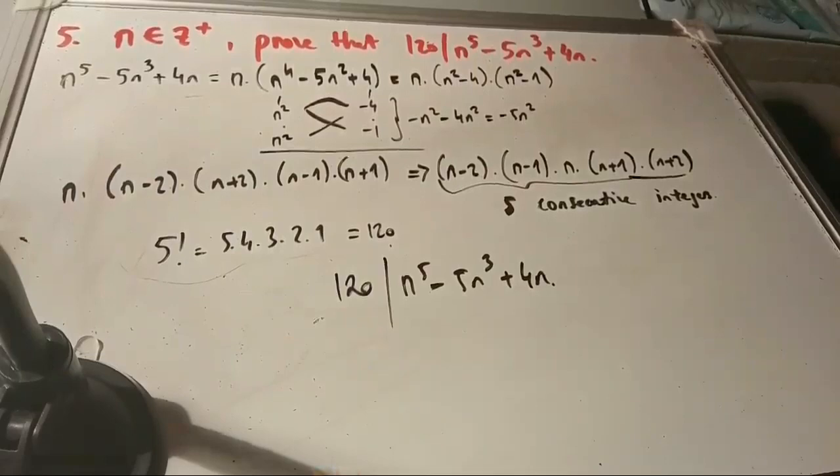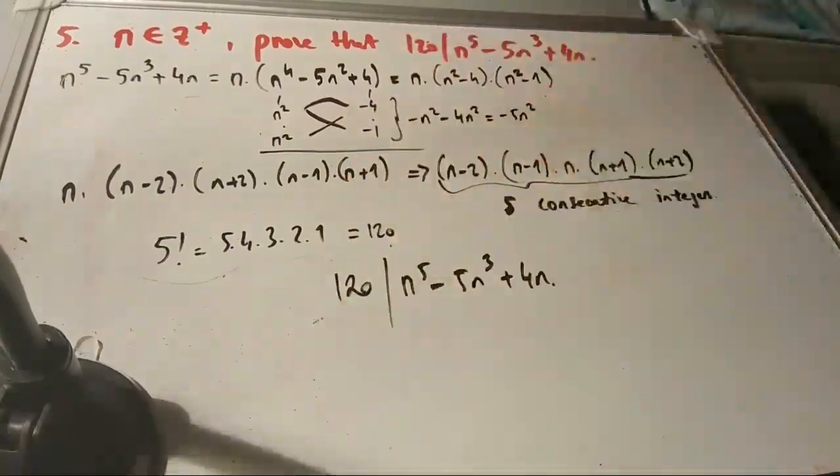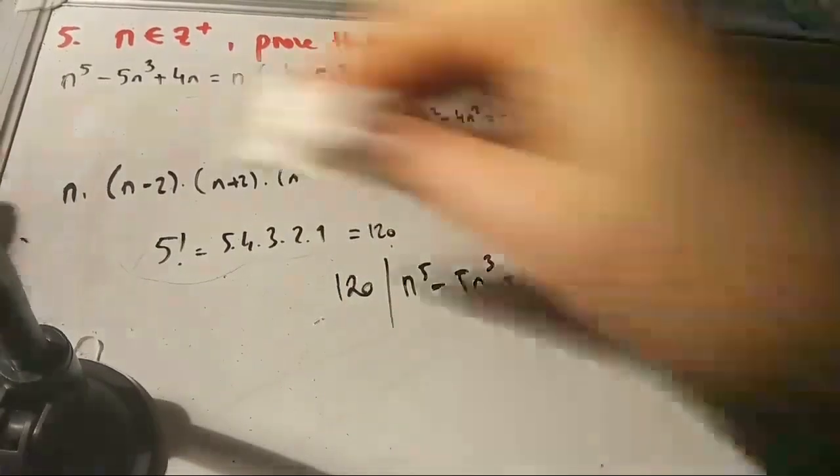The product of the 5 smallest integers is 120. So in such a way, 120 divides n to the power of 5 minus 5n cubed plus 4n.